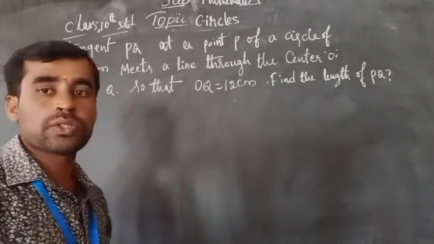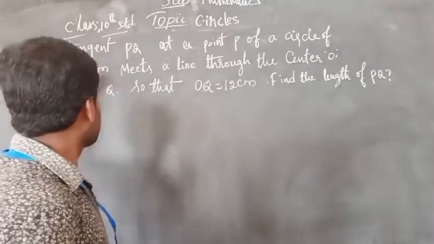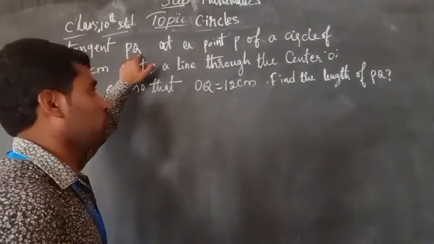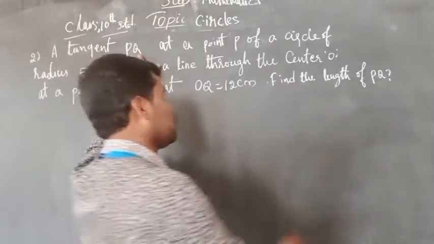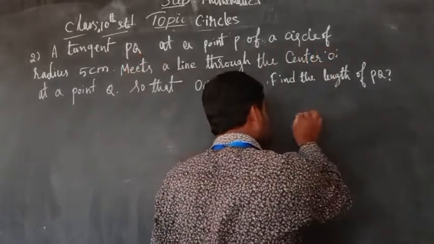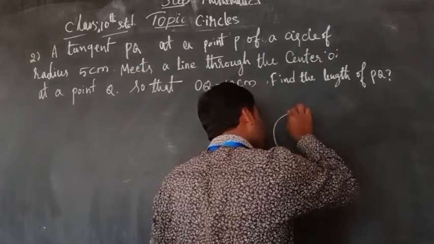Based on this question, I have to draw a diagram. Here they give a tangent PQ, a tangent of a circle.